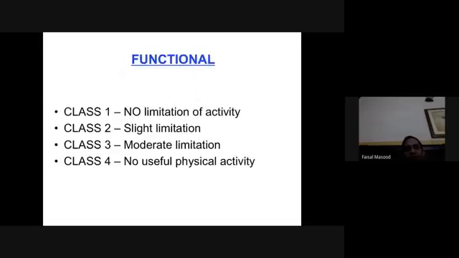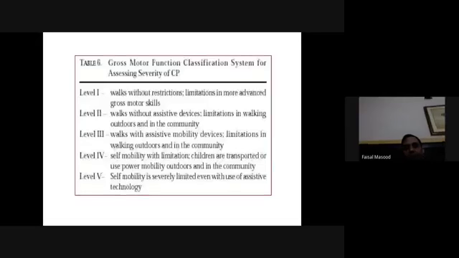The functional classification: class 1 has no limitation of activity, class 2 slight limitation, but the child can still carry out major activities and self-care, class 3 moderate limitation, the patient is unable to have independent ambulation, class 4 the patient is wheelchair bound. The Gross Motor Function Classification System is used for assessing severity of cerebral palsy.